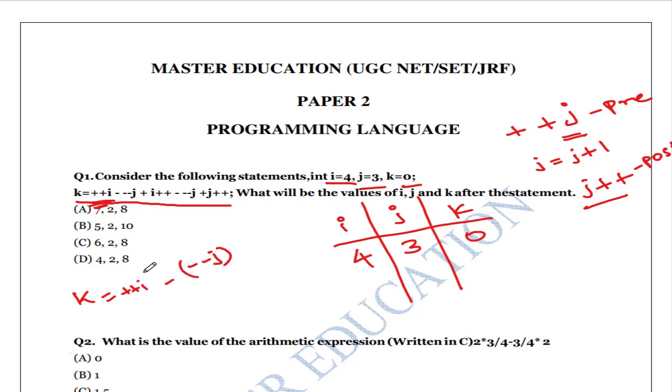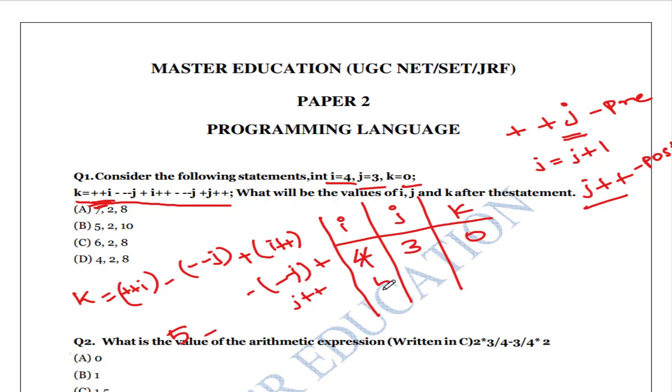So ++i means pre-increment, so it will become 5. In this memory location, instead of 4 it will be 5 now. Then minus, write it as it is. Then --j, again a pre-decrement, so I am taking 3 to 2.